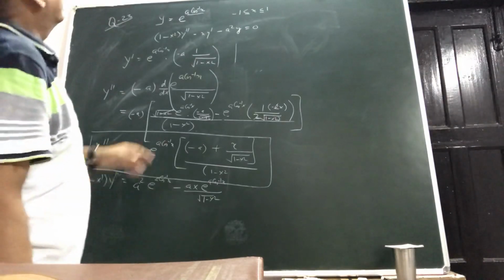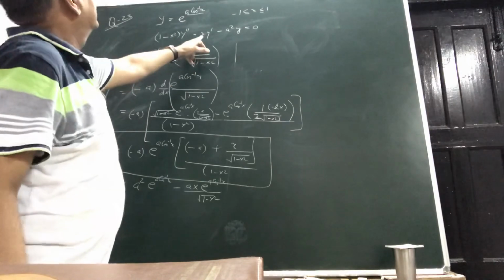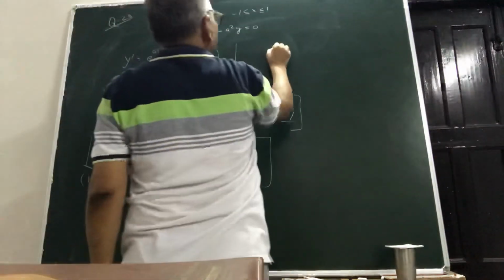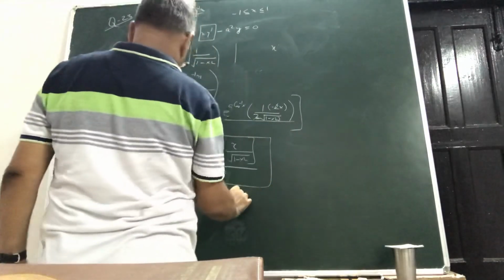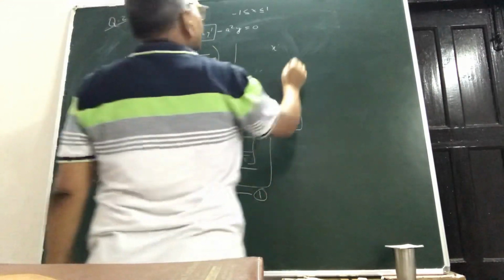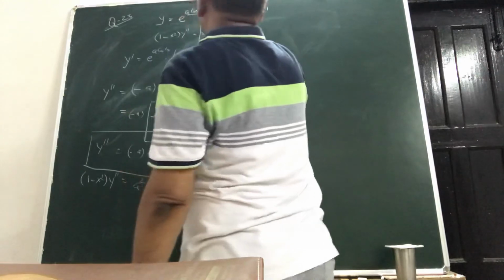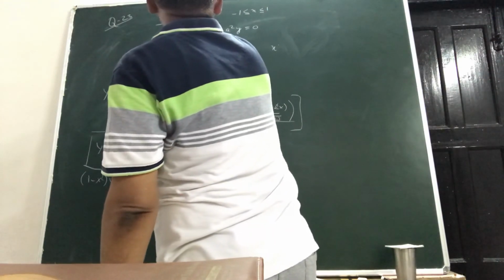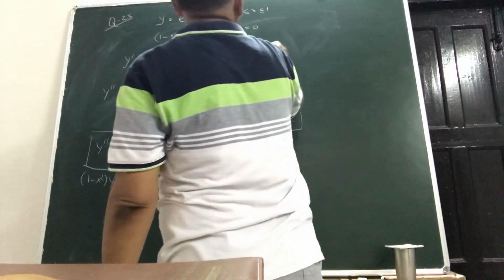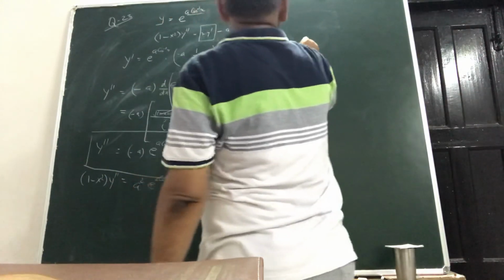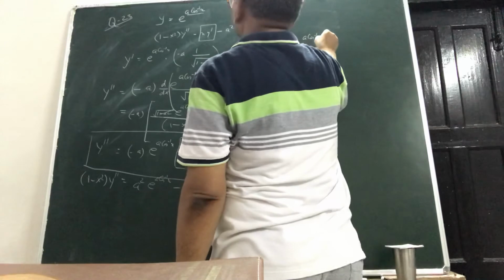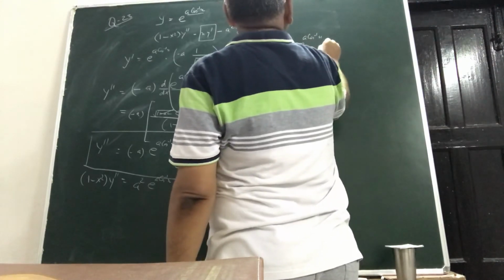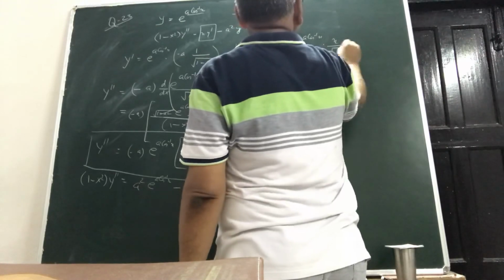And please see what is xy dash. So this is equation 1, please see, equation 1. Equation 2, xy dash, where is my y dash? This thing. So x into y dash will fetch me what? e raised to power a cos inverse x and minus a x into x upon under root 1 minus x square.